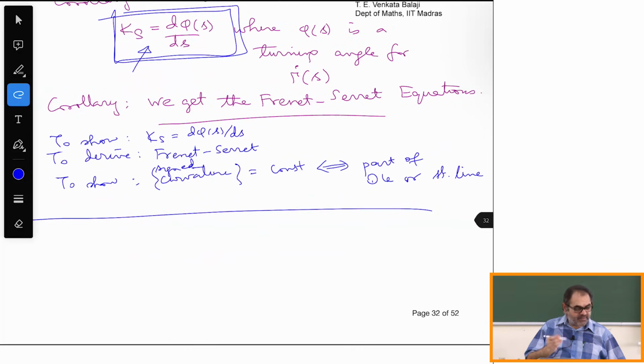Okay, so what I want to deduce now is these three facts. The first thing is that the sine curvature is the rate of change of the turning angle.